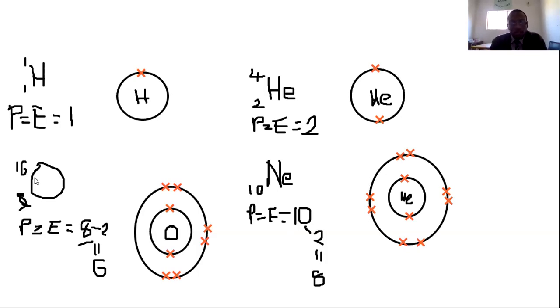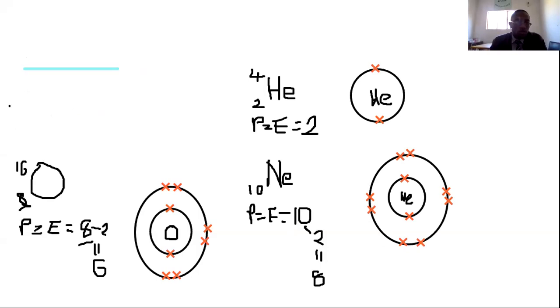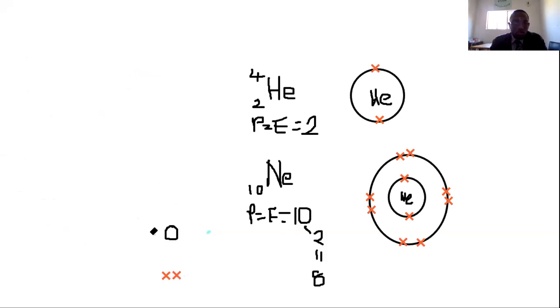Now imagine a situation where we are given sodium. So allow me to get rid of oxygen and hydrogen, so that we just remain with neon and helium. So imagine a situation where you are given an element or an atom such as sodium.